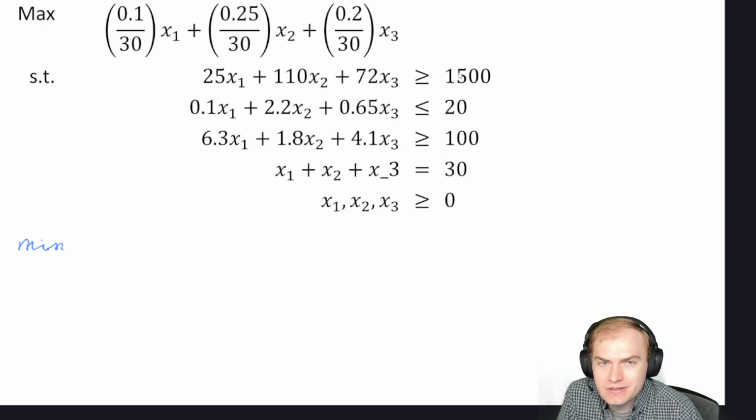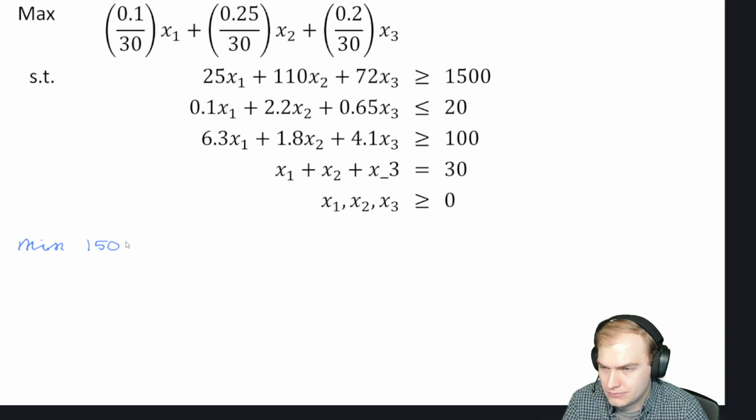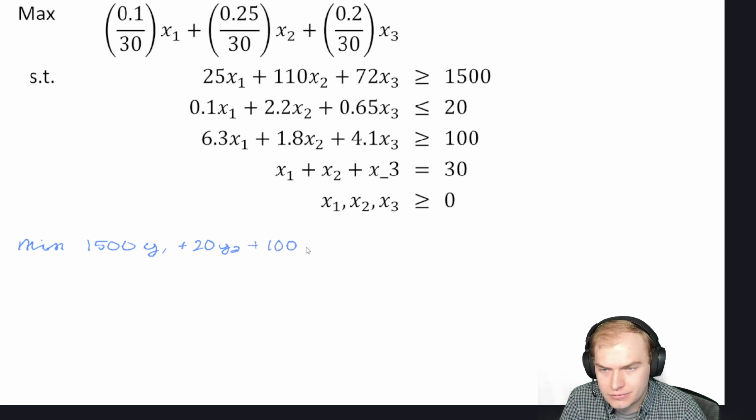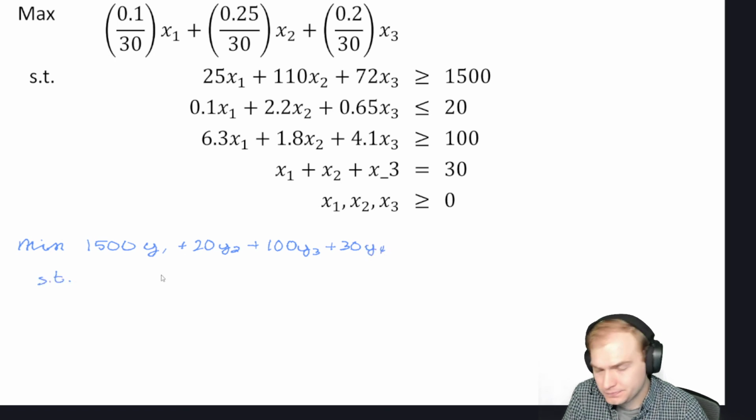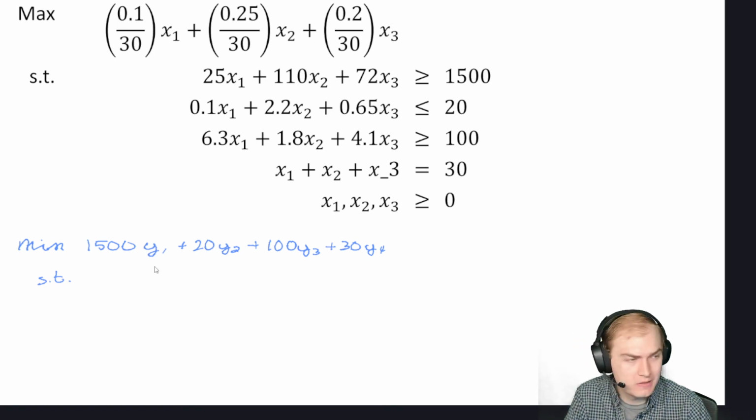So we want to minimize 1500 y1 plus 20 y2 plus 100 y3 plus 30 y4, subject to. Now remember, we transpose the A matrix.